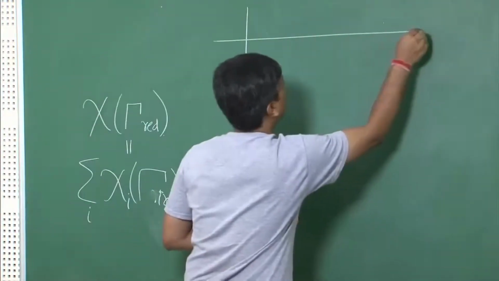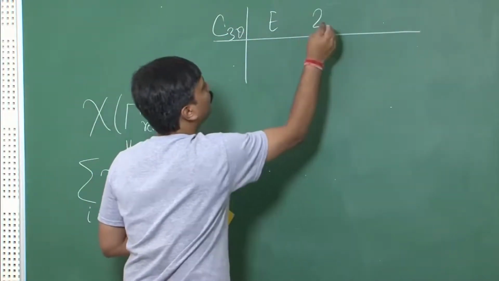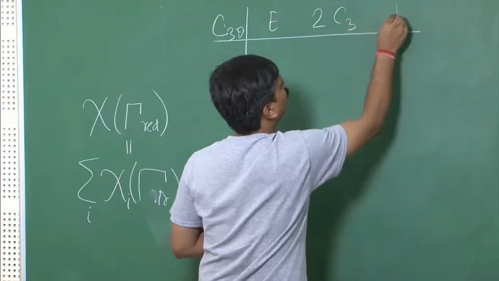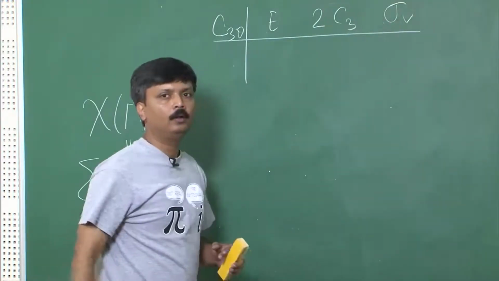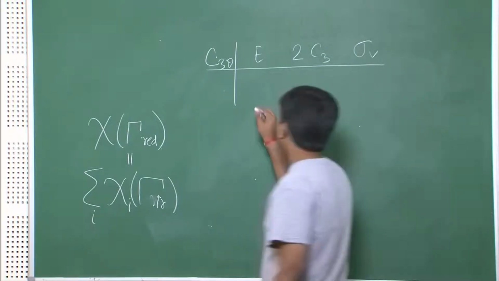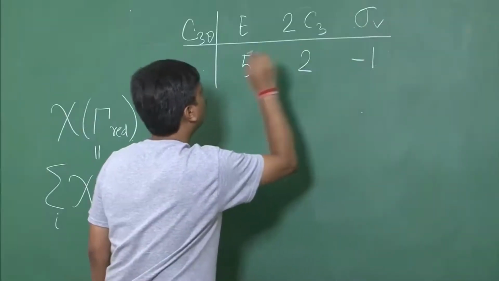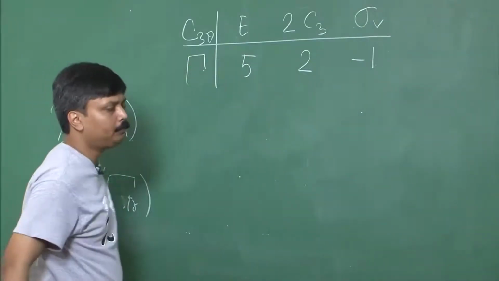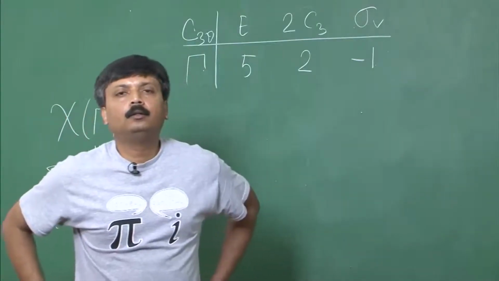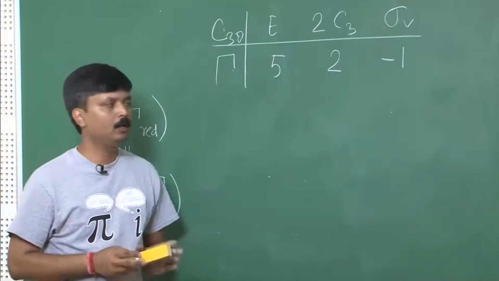So what I can do is form the matrix and then find the character. Suppose I get the character of my representation as this. Suppose this is my character, and this is reducible.